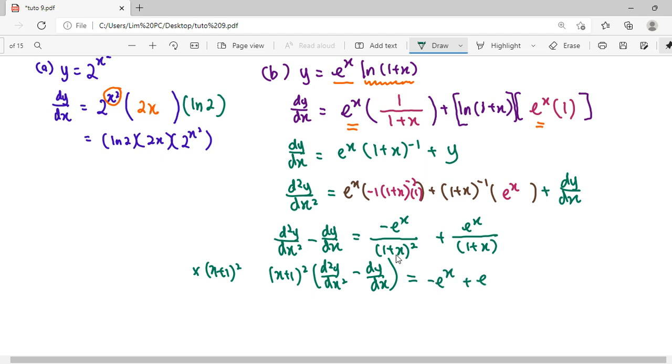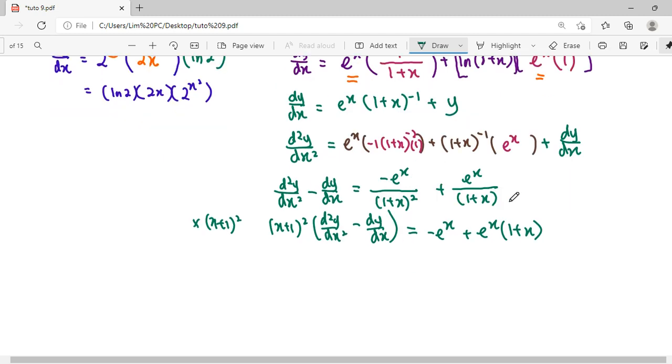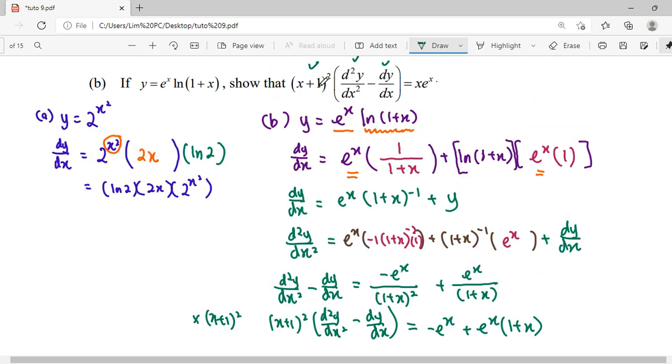So for this part, it will be ex times 1 plus x, because it is multiplied with x plus 1 squared, they only cancel 1 plus x at the denominator. So we look at our answer here, what should we do? We need to simplify this until we get x ex.